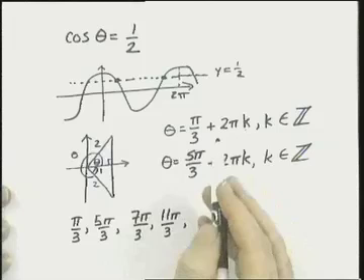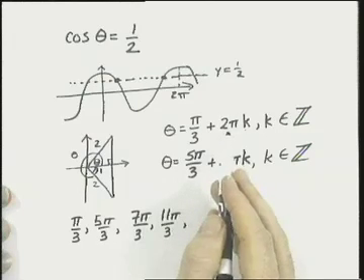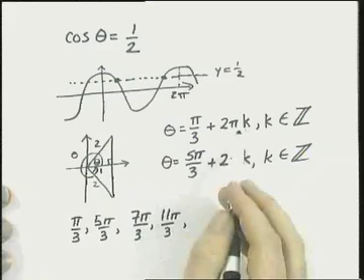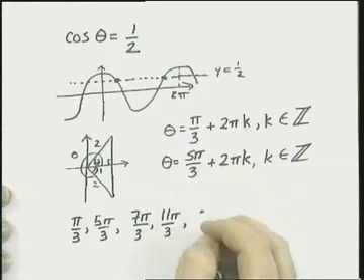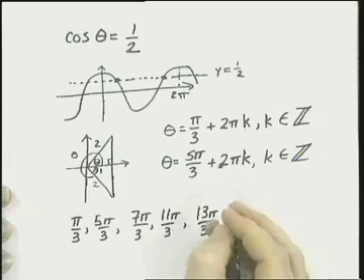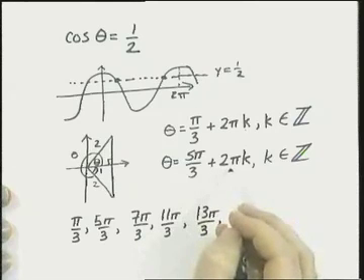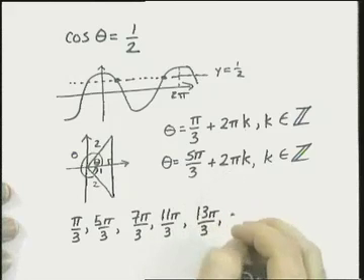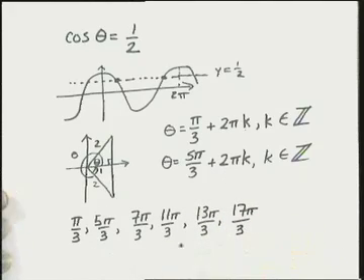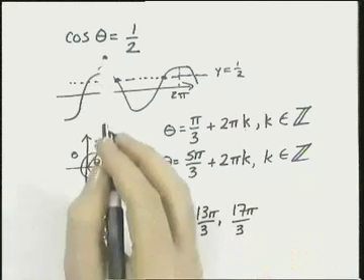Then I would get pi over 3 plus 2 pi times 2, or pi over 3 plus 4 pi. 4 pi is 12 pi over 3, so that would give me 13 pi over 3. Here, 5 pi over 3 plus 4 pi is 5 pi over 3 plus 12 pi over 3, or 17 pi over 3. So here are some of the infinitely many solutions to this particular equation.